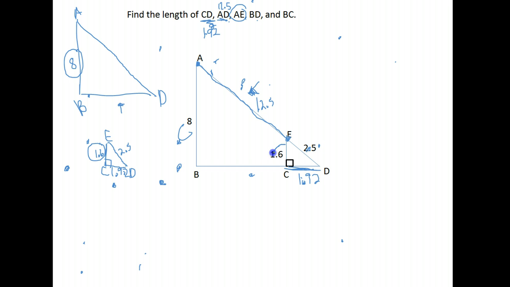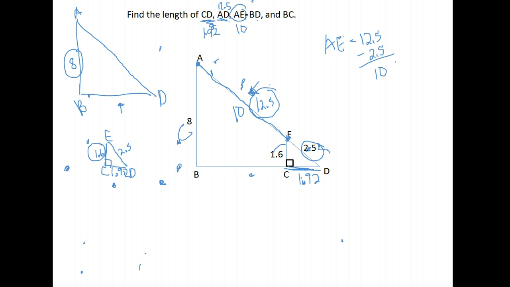All we're going to use is fact. We know that the entire side is 12.5, and we know this little portion down here not included in AE is 2.5. So to find AE, all we're going to do is take 12.5 minus 2.5, and we get 10. So this section right here is 10.